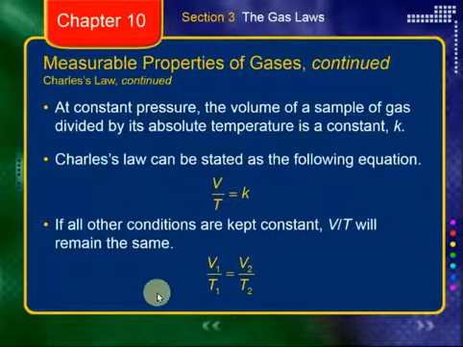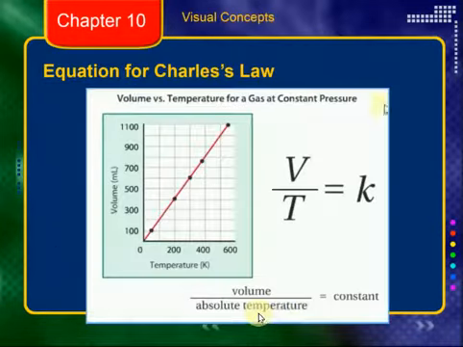Now, again, in the same way we had P1 times V2 equals P2 times V2, if all the other conditions are held the same, we can calculate volume temperature data with the same strategy. V1 over T1 is equal to V2 over T2. Again, we can simply rearrange this equation to solve for whichever term we need.